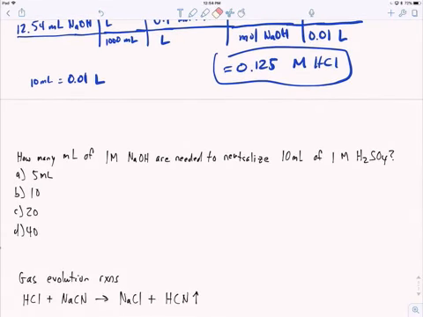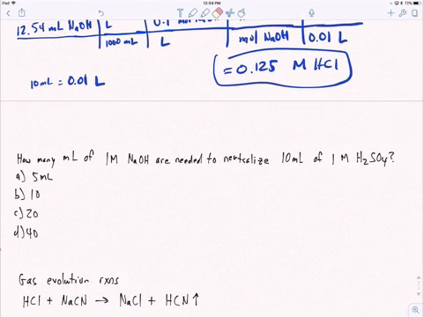All right, how many milliliters of a 1 molar sodium hydroxide solution are needed to neutralize 10 milliliters of a 1 molar sulfuric acid solution? This is intentionally tricky. This is easy and tricky at the same time.